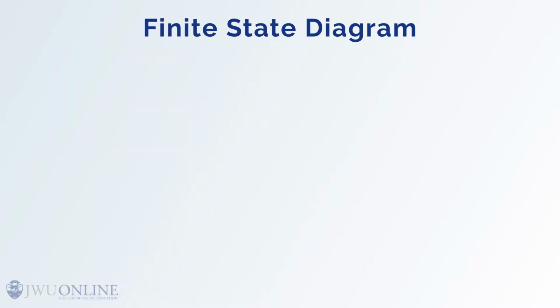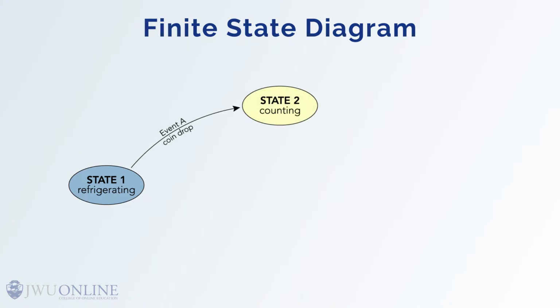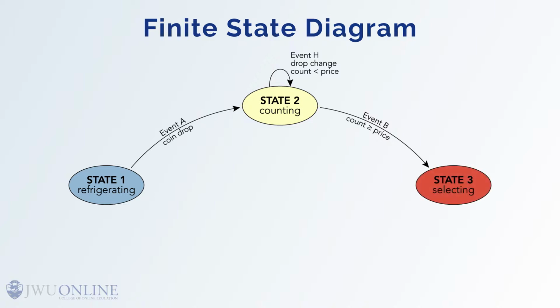Now, our finite state machine diagram traces out only the normal operation of the machine. So, the machine starts out refrigerating. Then someone drops the first coin, which causes the machine to start the counting process. Next, the customer keeps dropping coins until the price is reached. That activates the selection process and allows the machine to take input from the selection buttons. At this point, the customer presses a button to select a soda. The machine moves to the dispensing state.